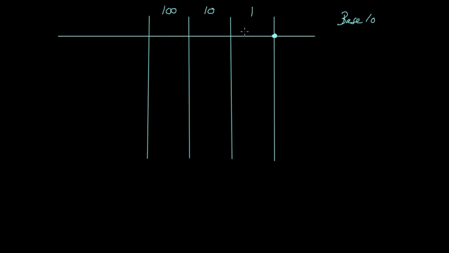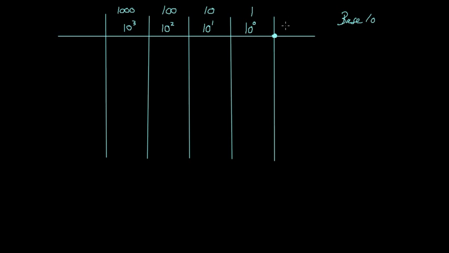And what you'll realise is that the units is always the base to the power 0, because anything to the power 0 is 1. And the next column is the base to the power 1, and the next column is the base squared, or 10 times 10 is 100, and the next column along will be 10 cubed, or 10 times 10 times 10, which is why it's the thousands column.